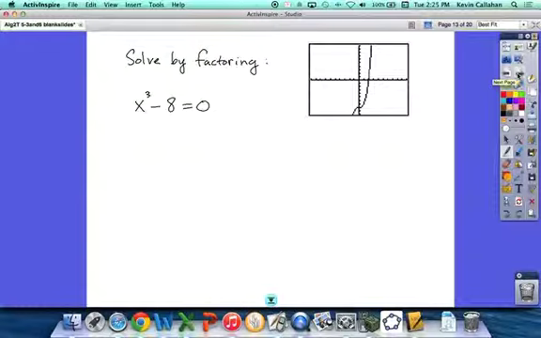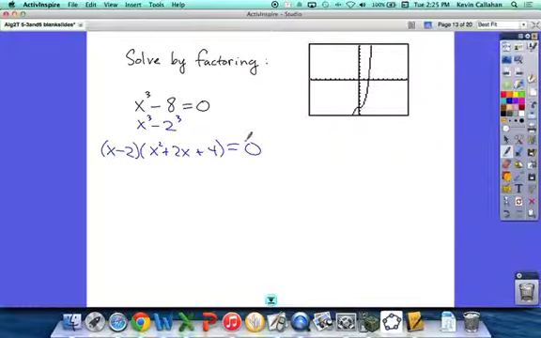Okay, so let's do a solve by factoring. And this one's clearly a difference of cubes, right? And that's x to the third minus 2 to the third, and that factors, I think we already did this one, x minus 2 times x squared plus 2x plus 4.